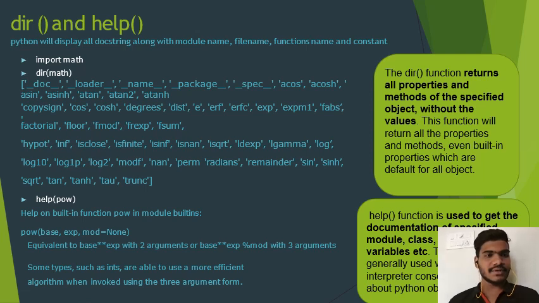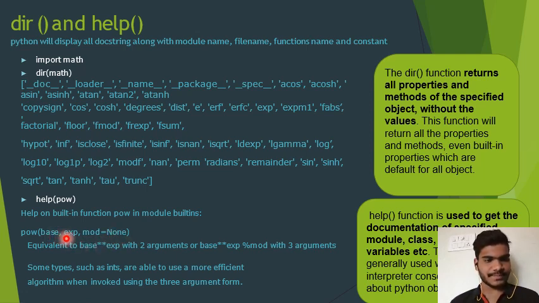The above examples are for dir. The example is import math, dir(math). After using the function, all the properties, objects, and values are shown in the list: doc, loader, name, package, spec, acosh, asinh, atan2, etc. And in help, pow is given: pow(base, exp, mod=None).